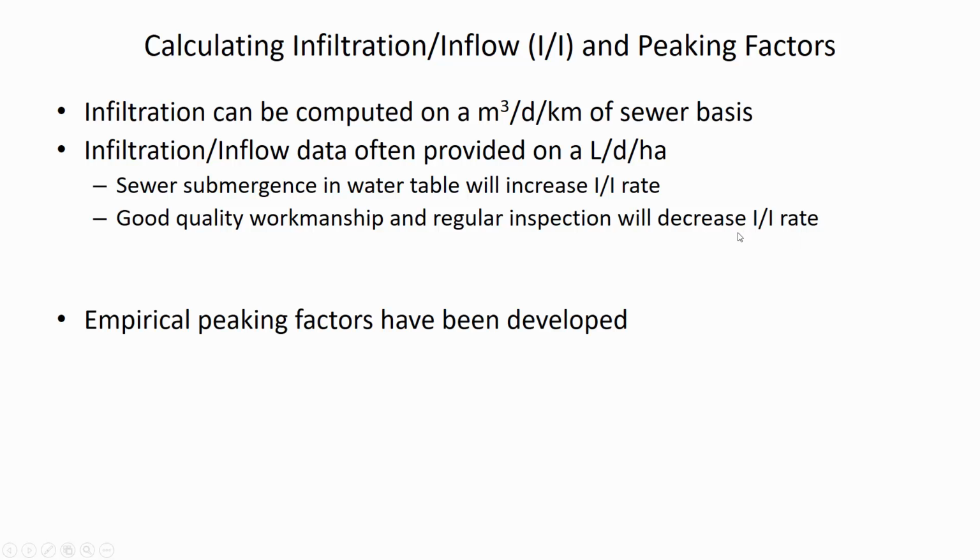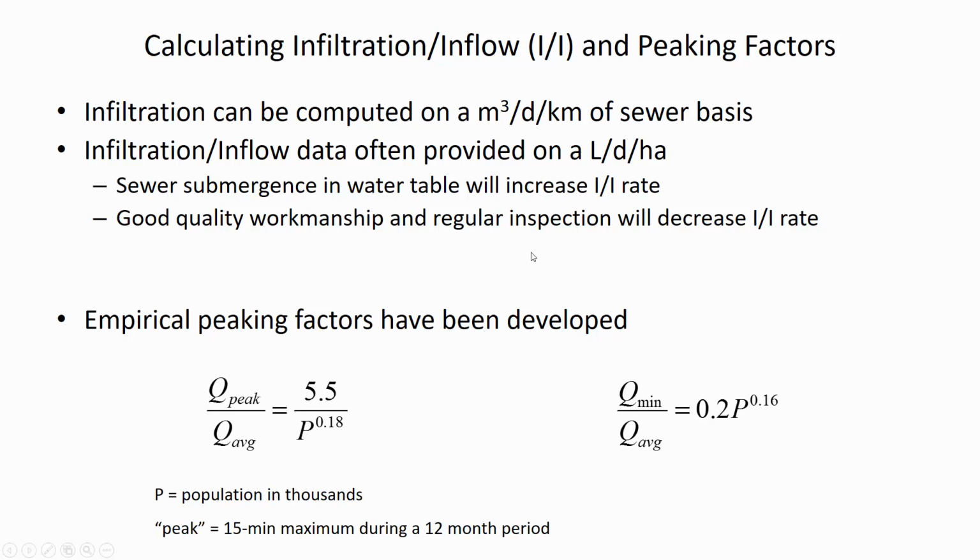But in order to do calculations related to this, there have been just these empirical studies that have related the relationship between the peak flow rate you can expect from a city relative to the average flow rate as a function of population.